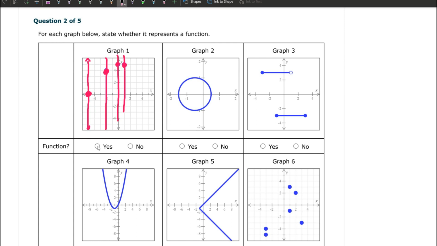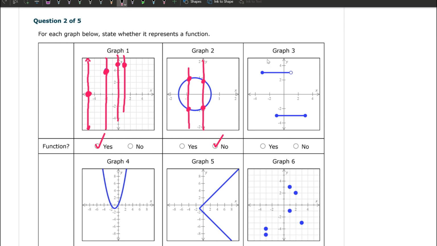So this is the example of yes, this is a function. Graph number 2 is a good example for not a function. You see, if I draw a random vertical line, they cross your circle at 2 points. Whenever they cross the blue line at 2 points, that's not a function. It's no.